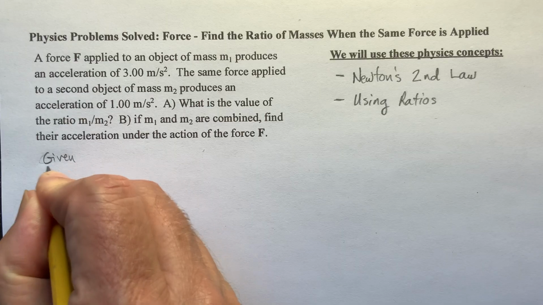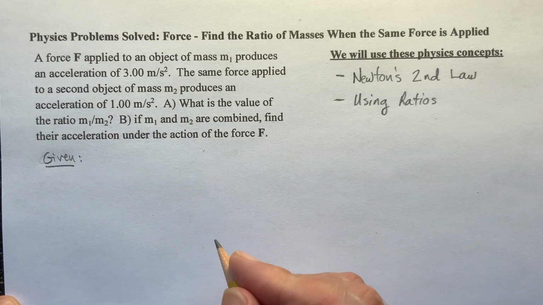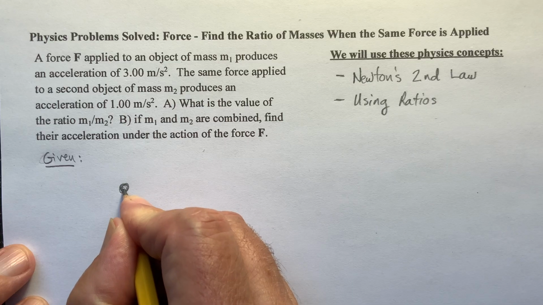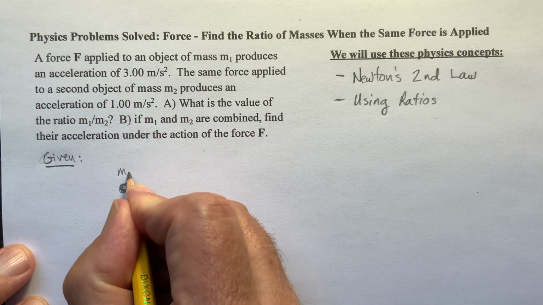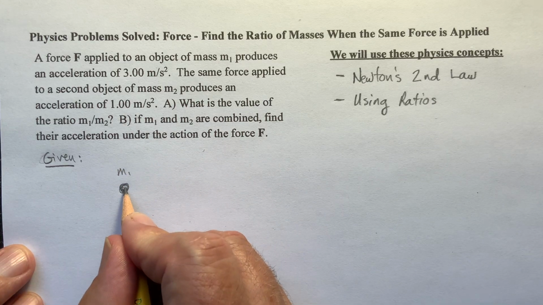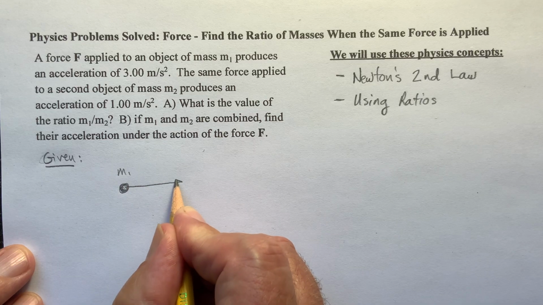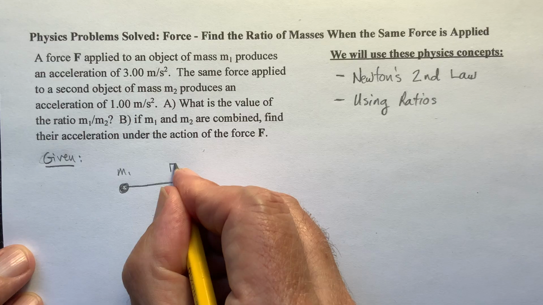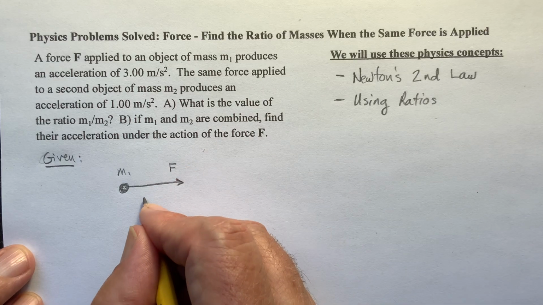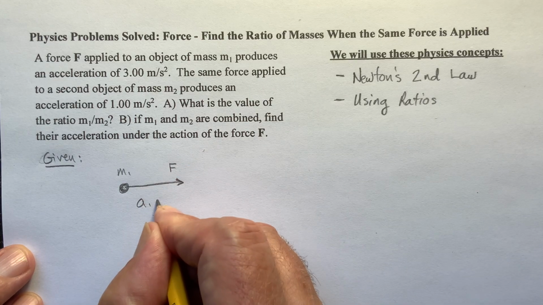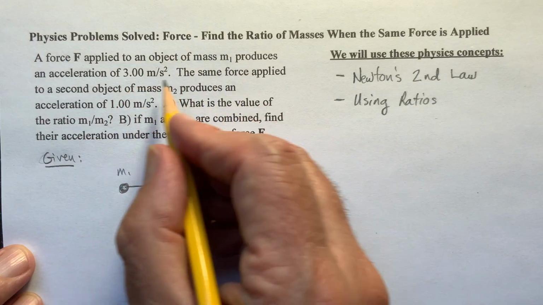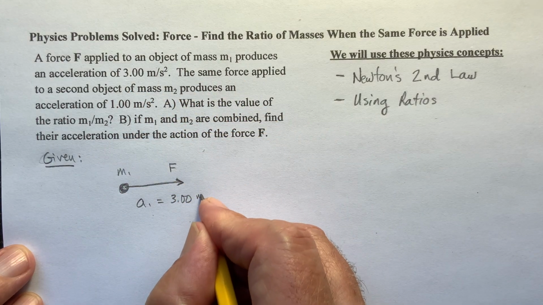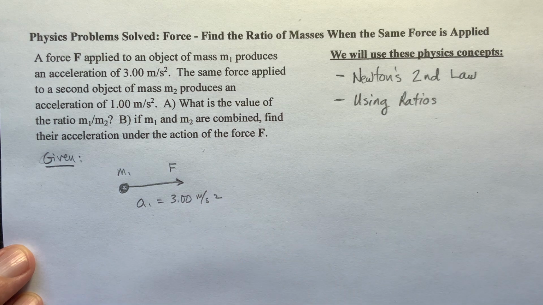Let's write down what's given. Okay, so we have m1. I'll just draw it as like a particle or something. And this is m1. And if we apply a force to it, and I'm going to call this F, we get an acceleration of 3.00 meters per second squared.